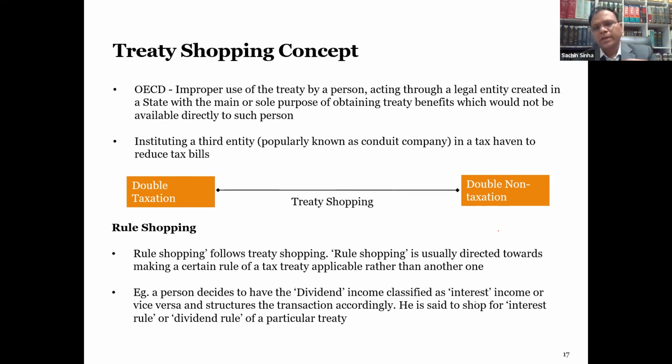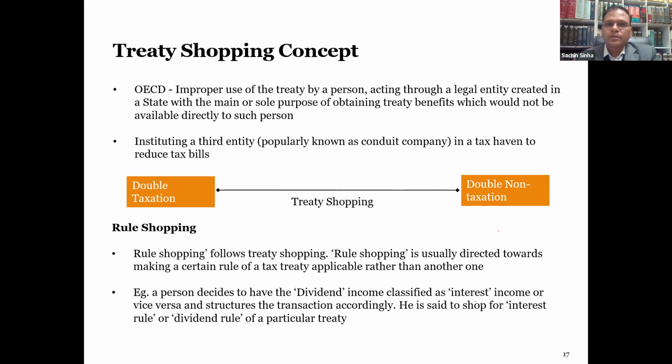Assuming India has entered into a treaty with Mauritius which gives capital gain or dividend relief, and a similar clause is there between the UK and Mauritius, then if the UK comes to India directly, the tax cost would be there. But if it comes through the Mauritius route or the Singapore route or some other route, they may get some tax benefit by using the other treaty. So they try to do this.